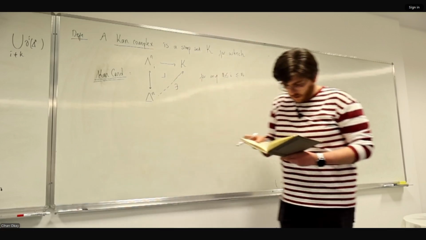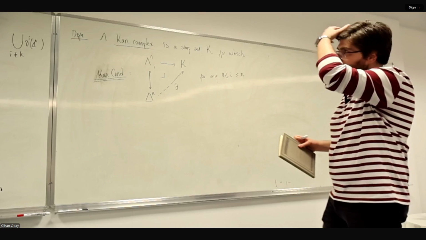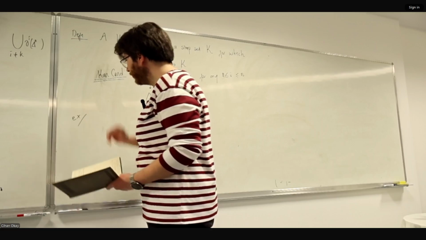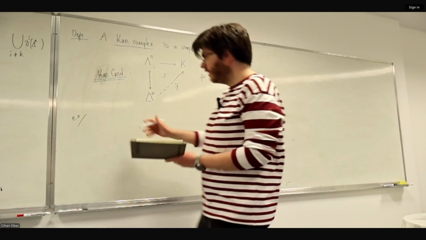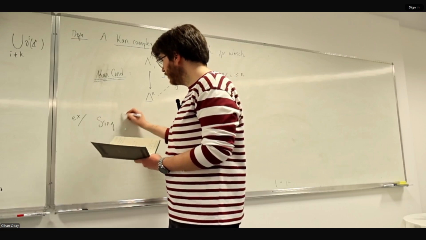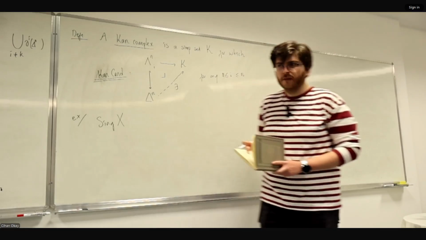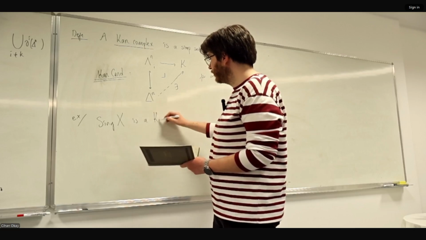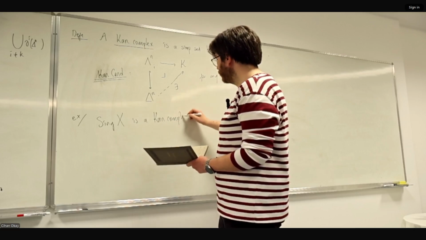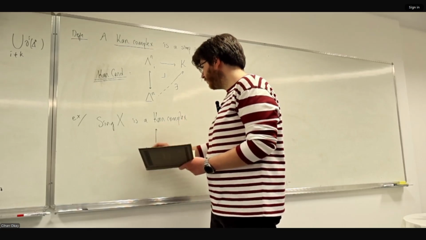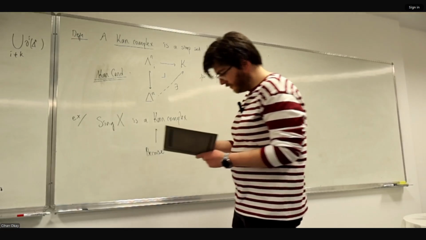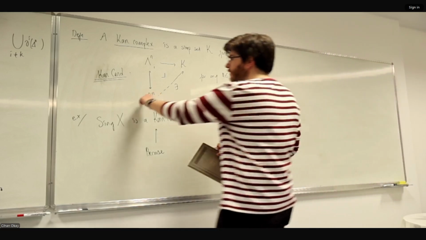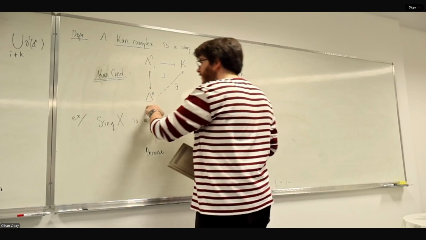So we will see why this is important, but first of all, an example. Remember the particular simplicial set we constructed, Sing X. This is actually a Kan complex. Why? Because if you consider the geometric versions, this one is just a retraction.